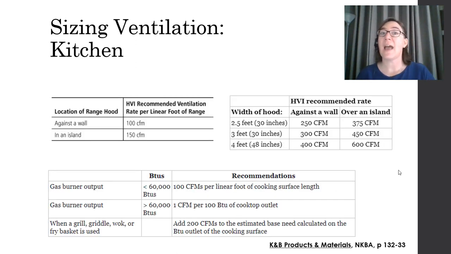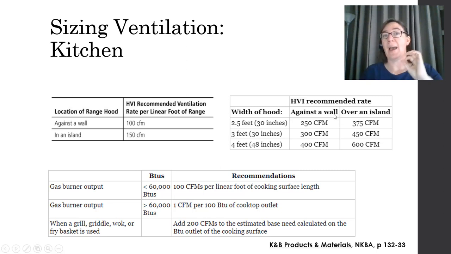So those HVI recommendations were given per linear foot of range, but let's take a look at how they map up against some common hood sizes. This table gives the width of common hoods: 30 inches, 36 (I know that says 30, but it means 36), and 48-inch wide hoods.